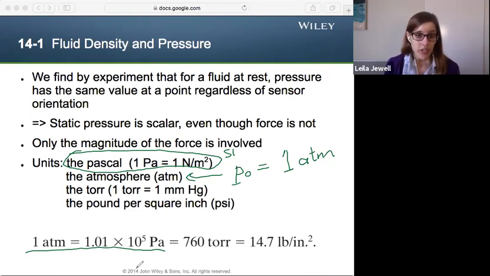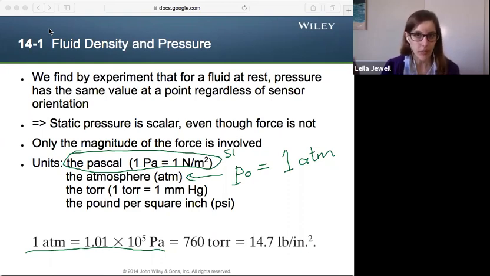A couple of other units that are used: torr is a more historic unit. It's based upon millimeters of mercury that happen for measuring devices for pressure. And then we even have pounds per square inch, more commonly referred to as PSI. This is what you know for your car tire pressure, right?